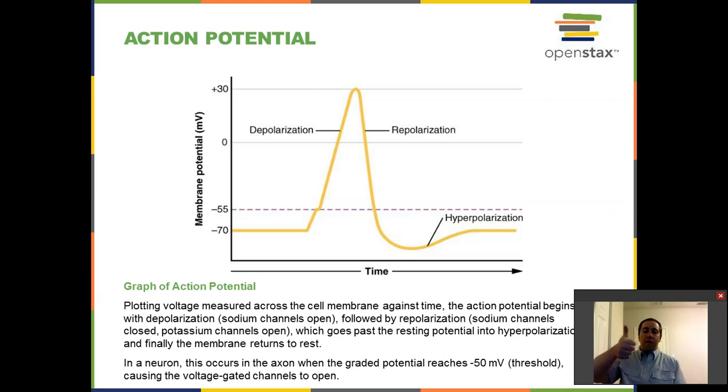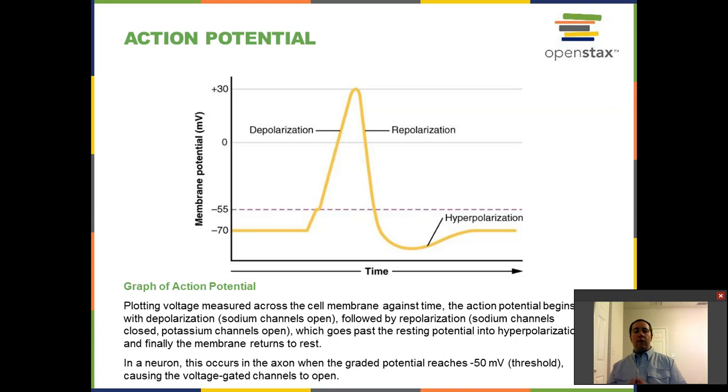That's why our voltage went up. The positive sodium came in. We're now going to pump the sodium back out. When we do that, our voltage comes back down towards our resting membrane potential, but we actually overshoot and go down below negative 70. When we are below negative 70, we call that hyperpolarization.